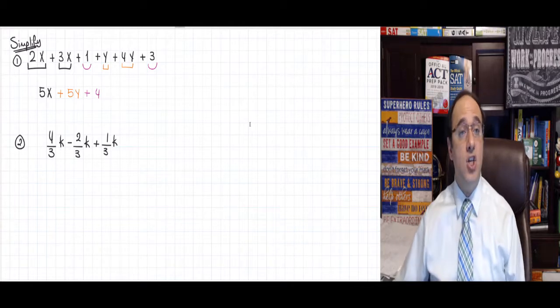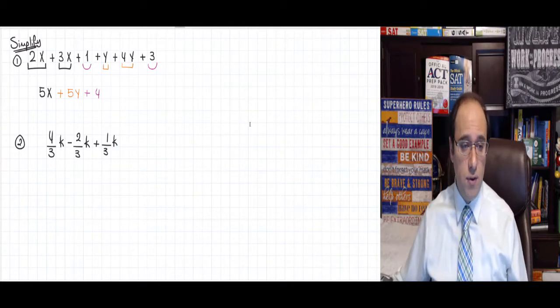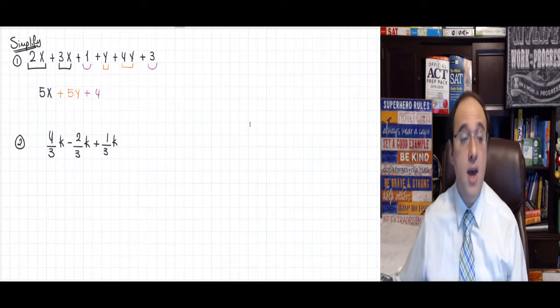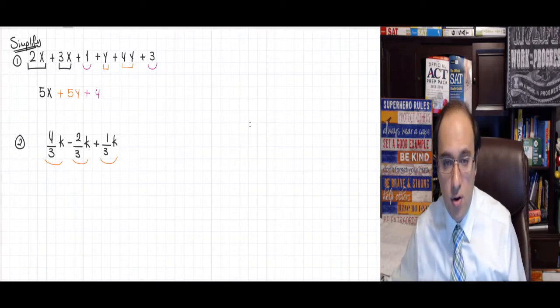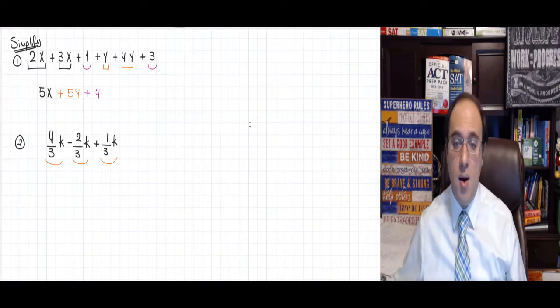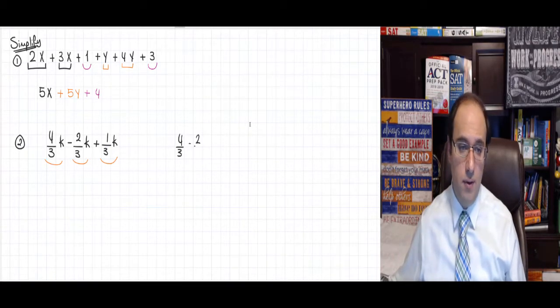Now, it should be easy because each of the terms has the same variable, which is k. So you're basically going to add 4 over 3 and 1 over 3 and subtract 2 over 3. So it's like saying 4 over 3 minus 2 over 3 plus 1 over 3.